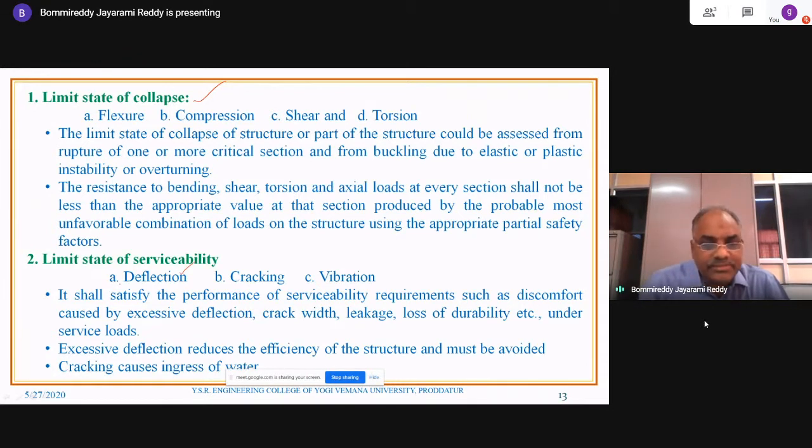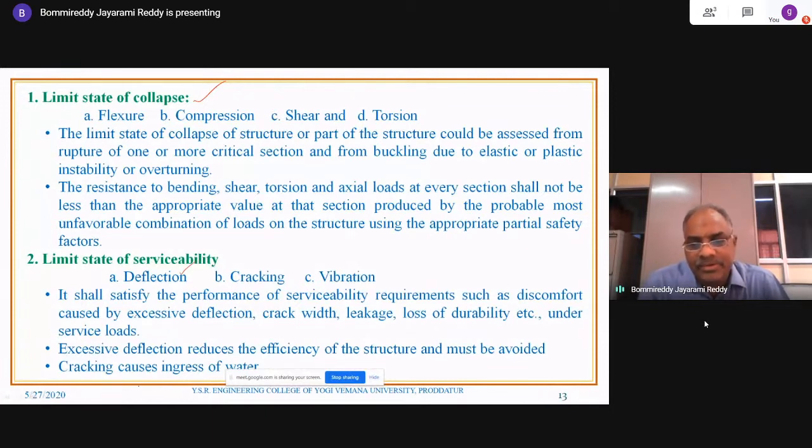It shall satisfy the performance serviceability requirements such as discomfort caused by excessive deflection, crack width, leakage, loss of durability, etc. under service loads. Sometimes because of the service loads, the deflection may be excessive. If the deflection is excessive, then the structure may not serve its intended purpose.